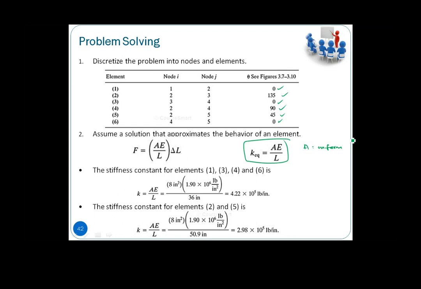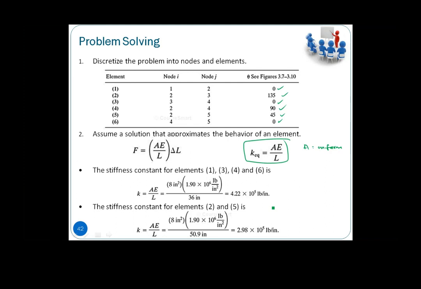The length will be different for elements number 2 and number 5, where you have the square root of 3 squared plus 3 squared feet, which is 4.2426.